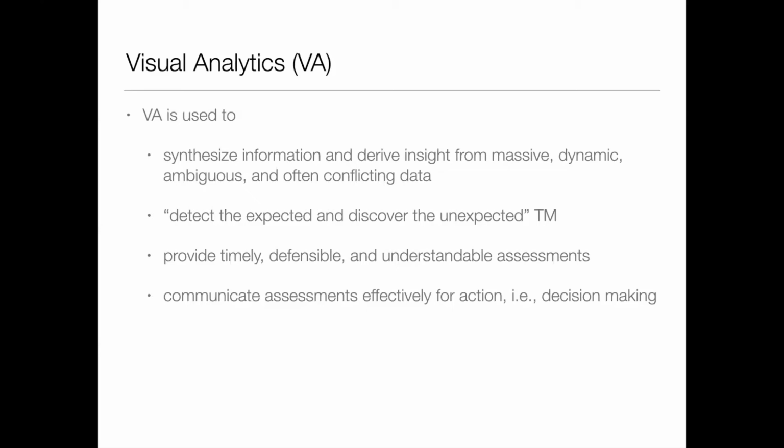And if you're not detecting the expected, then maybe something is wrong with your approach, because at least the expected should be visible. And then discover the unexpected is, of course, the final goal of any kind of data analysis technique. You want to discover something new about your data, because that's what will give you your edge in your company or something like this.